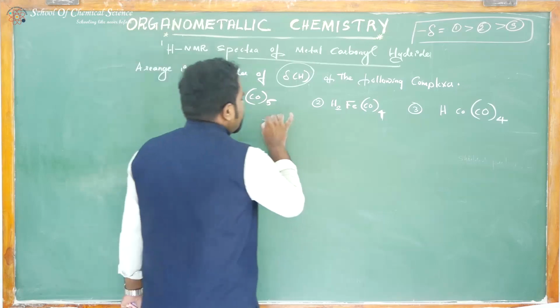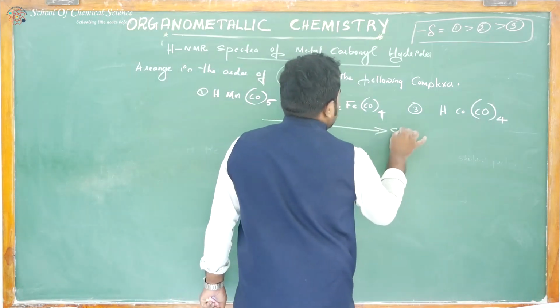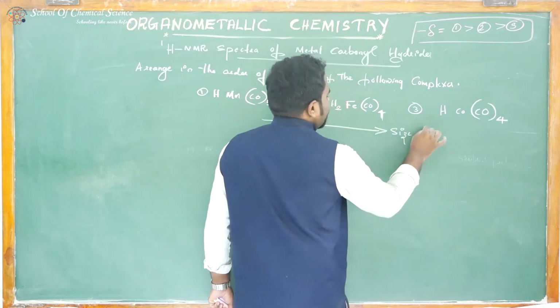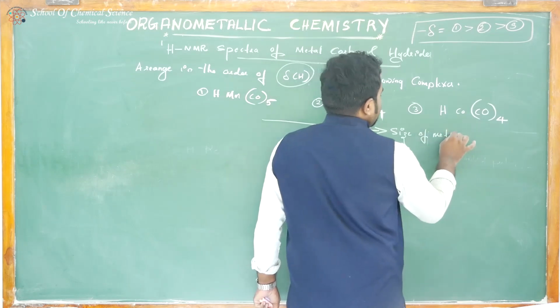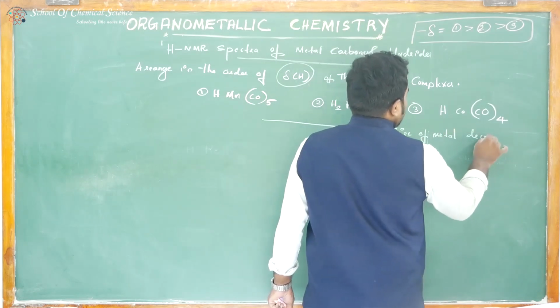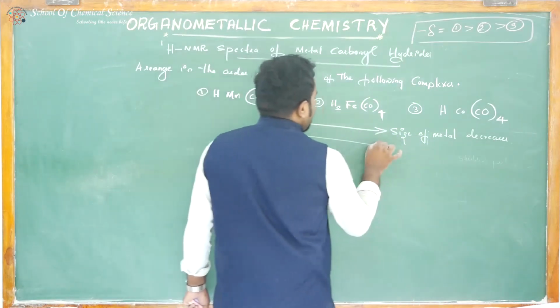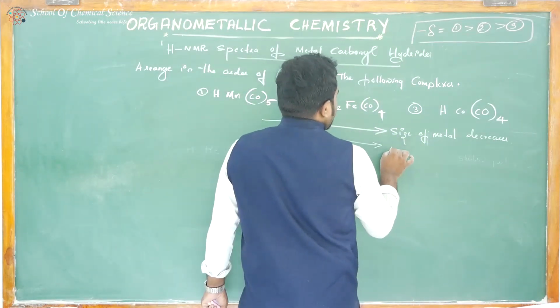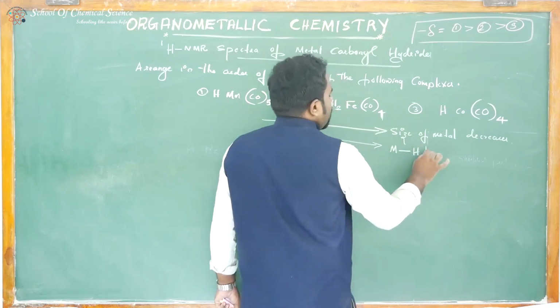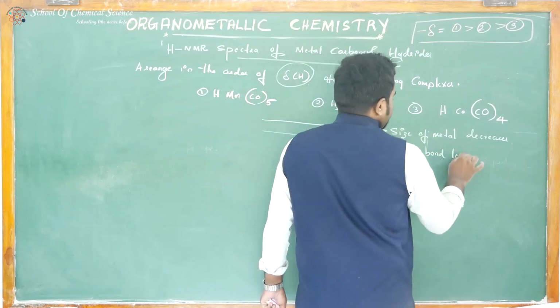As you know, from left to right, what happens? Size of metal decreases. When size of metal decreases, what happens? Metal-hydrogen bond length decreases.